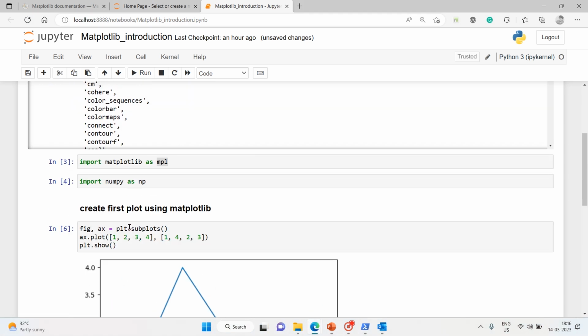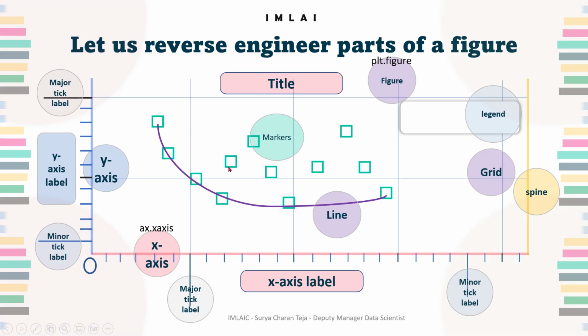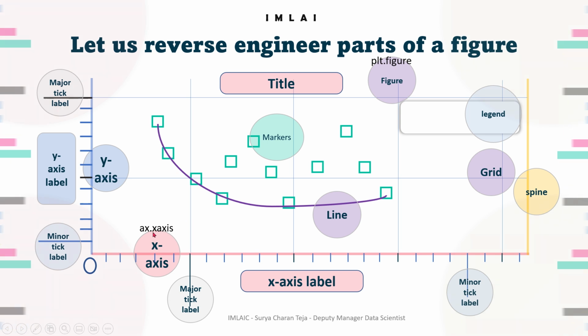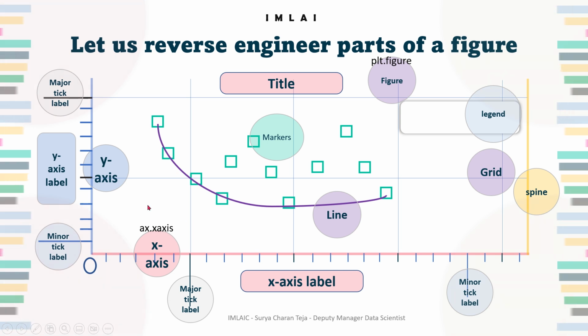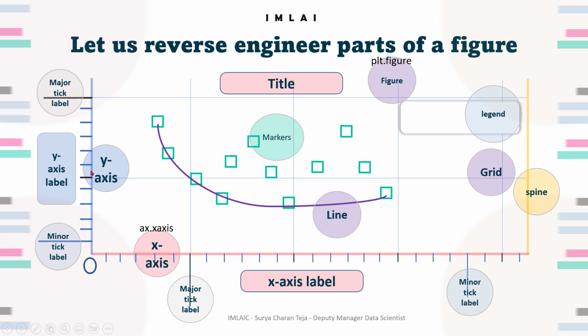For example, here you see plt is the method. After that, you can attach the figure or subplots method, so that basically you can directly take it as a figure or subplots object. On top of that, you will get this x-axis method.